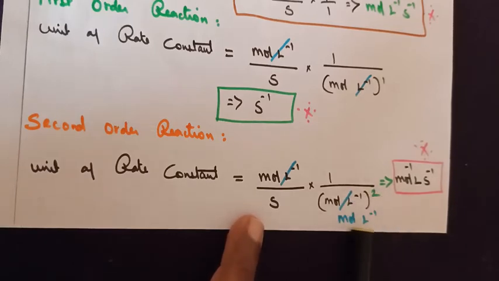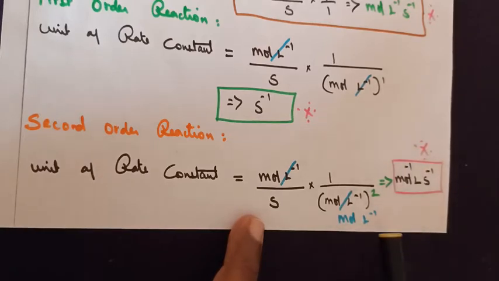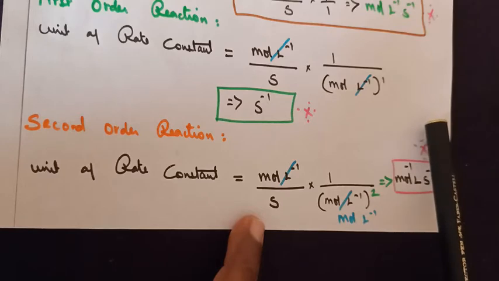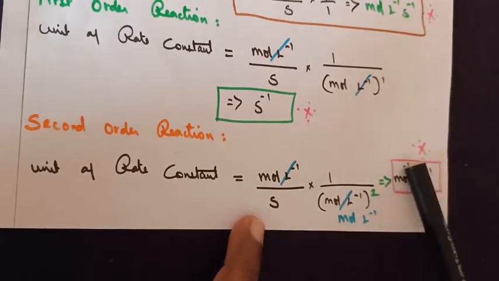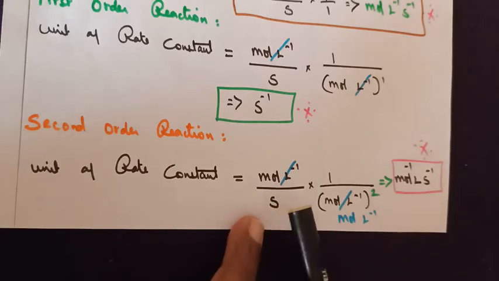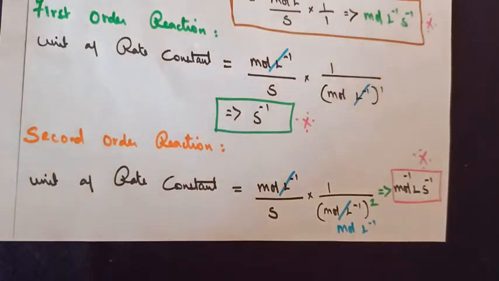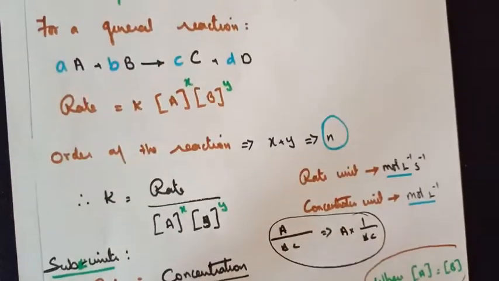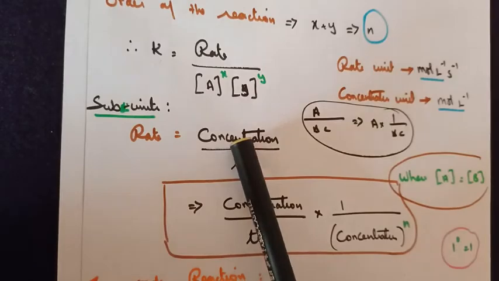So out of the 2 times we are left with a 1 term. So mole when it goes to the numerator becomes mole inverse. Liter inverse when it goes to the numerator, opposite of it, liter inverse becomes liter. Mole becomes mole inverse. Now S is also in the denominator. When it goes to the numerator, it becomes S inverse or second inverse. I hope the concept is clear for you all. So this is how we calculate the unit of rate constant. Nothing to get confused here.